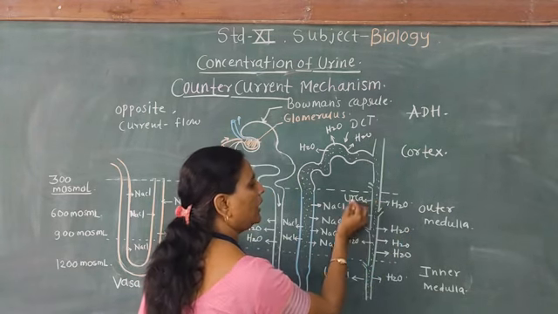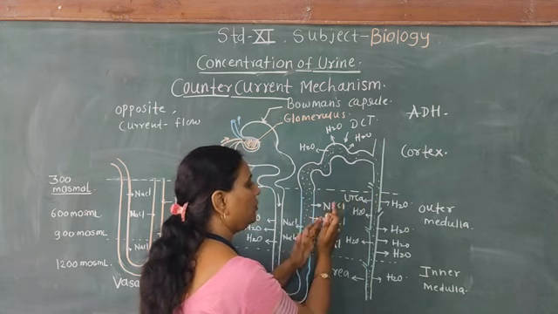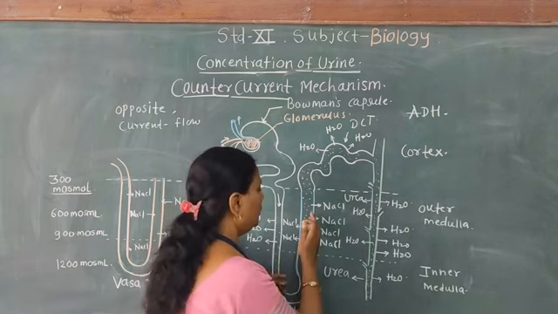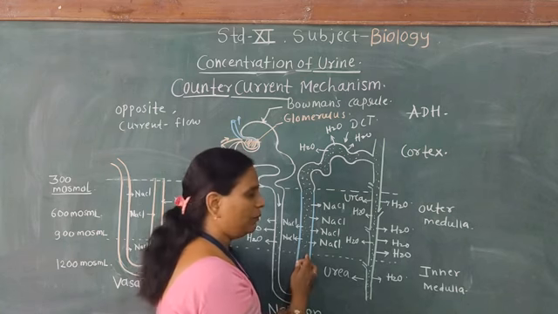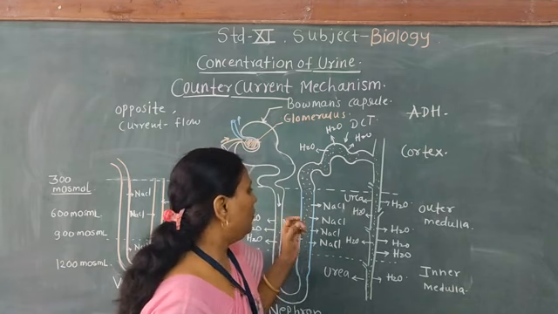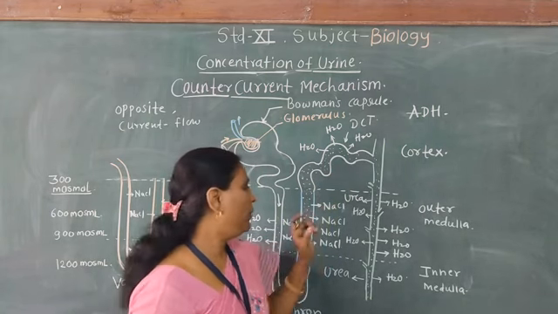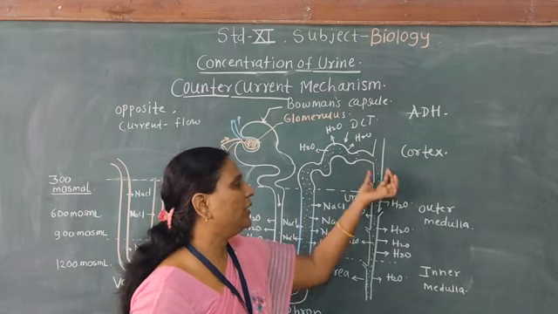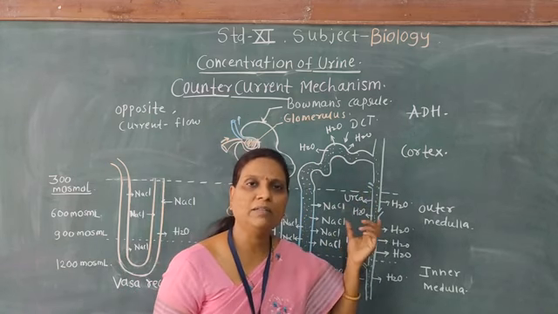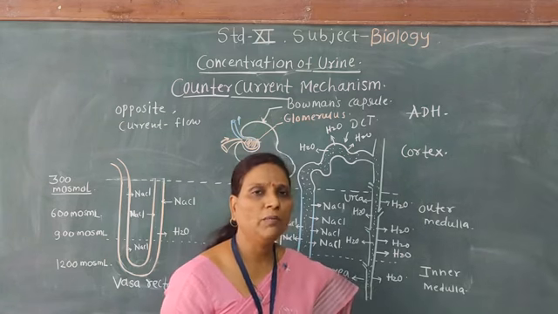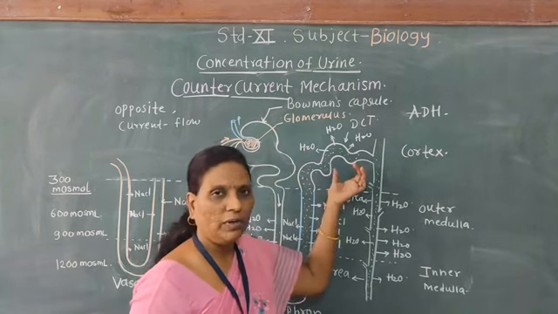This urea then passes from the collecting duct into the tissue fluid, and from the tissue fluid it comes into the tubular fluid through the ascending limb. Once it enters the ascending limb, it does not escape out, because the ascending limb, distal convoluted tubule and collecting duct are thick walled and don't allow the movement of urea molecules outside the tubular fluid.